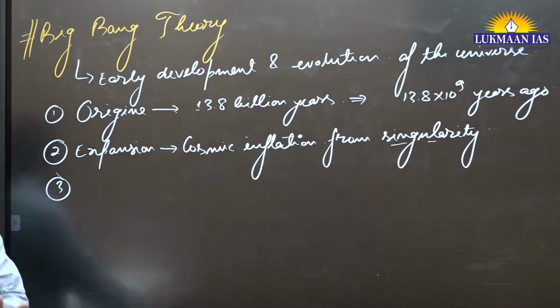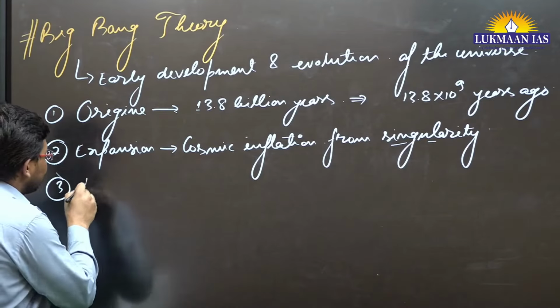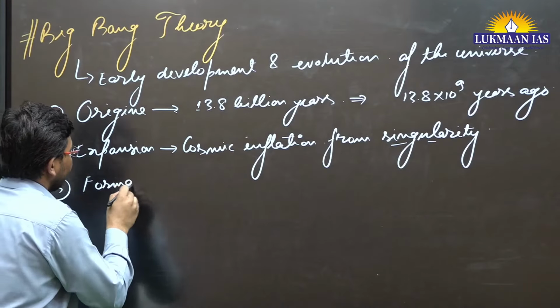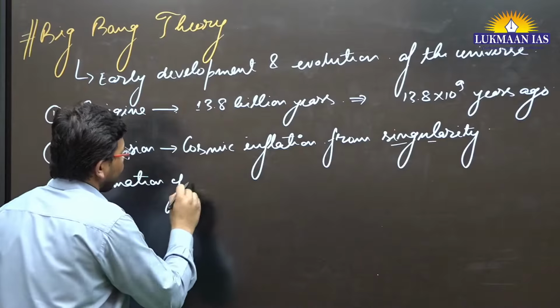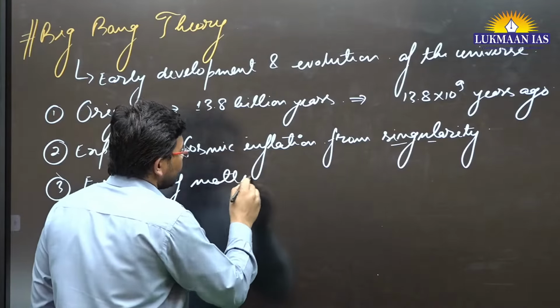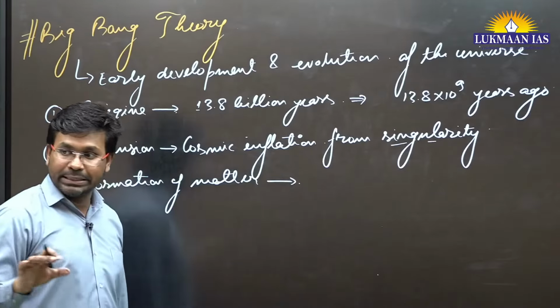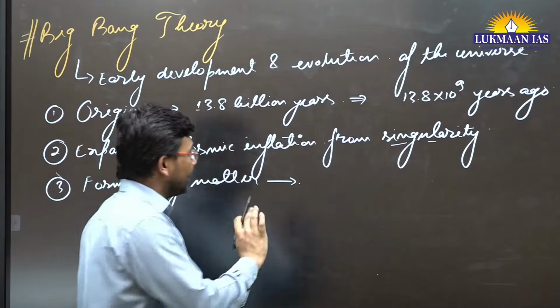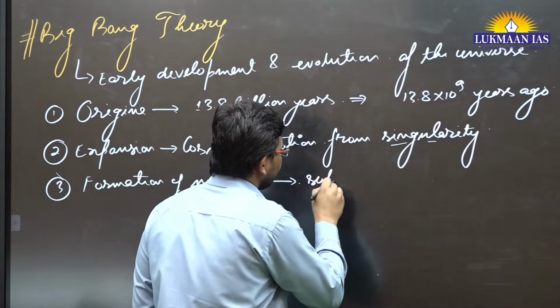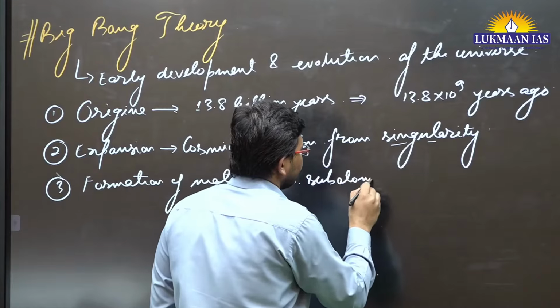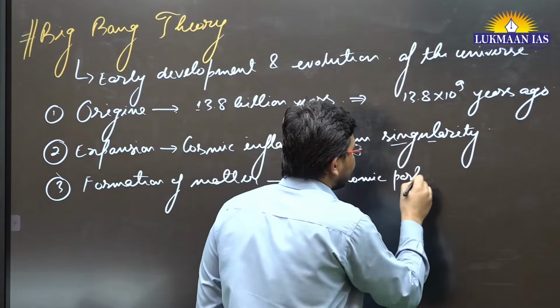After the expansion that has happened, it led to the formation of matter, okay? So after expansion, the third phase was formation of matter. The matter that was formed, let's say, were subatomic particles.